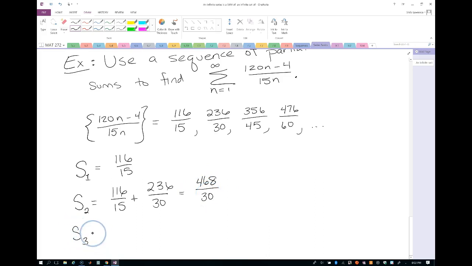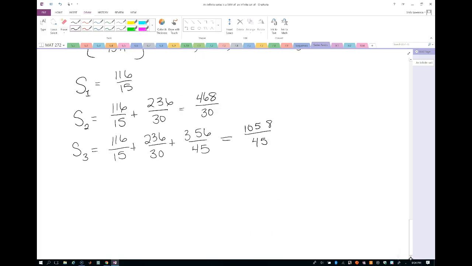So for S sub 3, I want the sum of the first 3 terms. We know the first 2 terms is 468 over 30. And now we're interested in including our third term, which is 356 over 45, which is 1058 over 45.